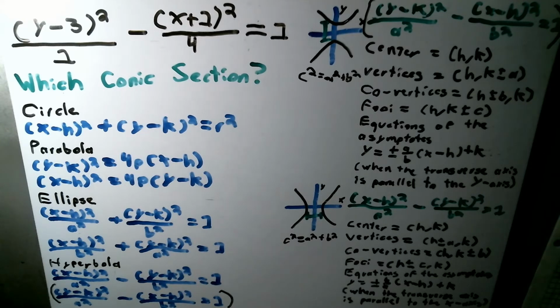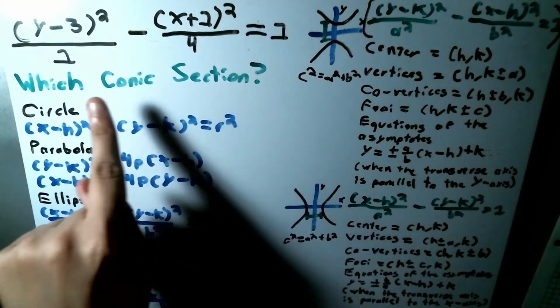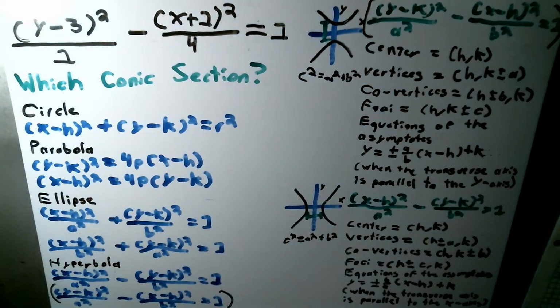What we are going to do is explain how to get the graph for this hyperbola equation from a conic section, and we will also explain how to find the equation for the asymptotes.